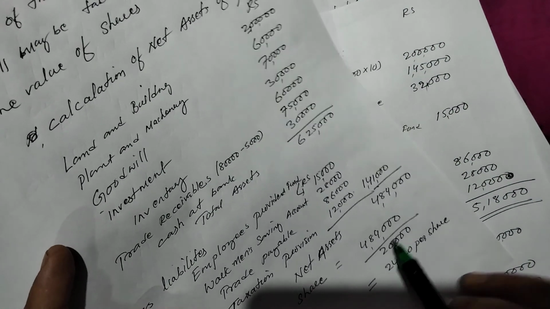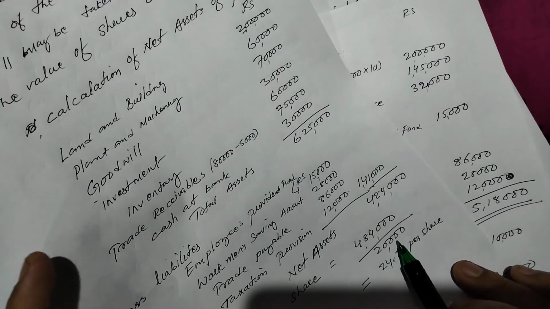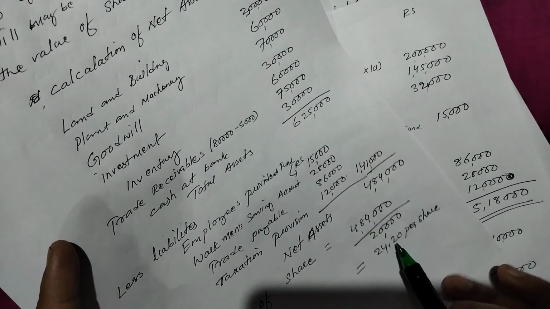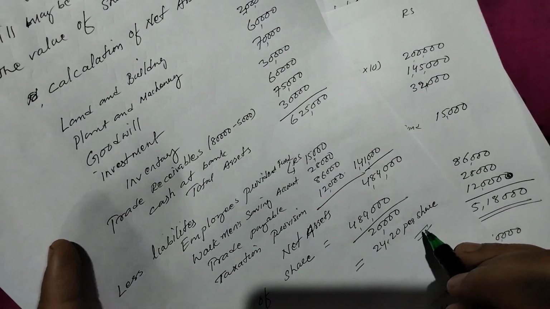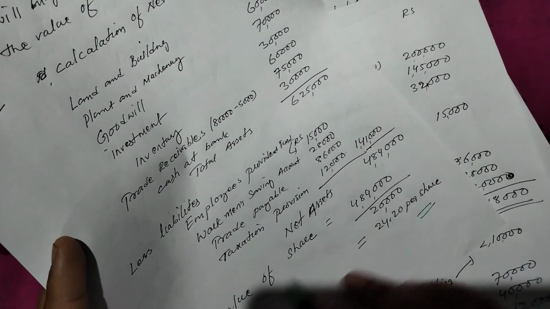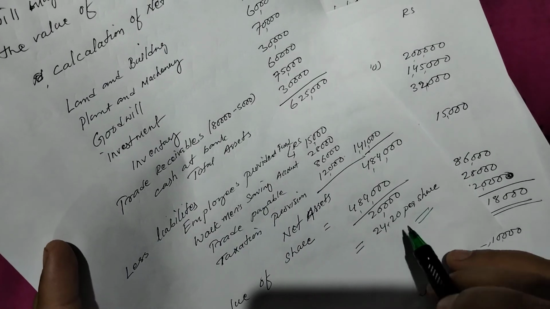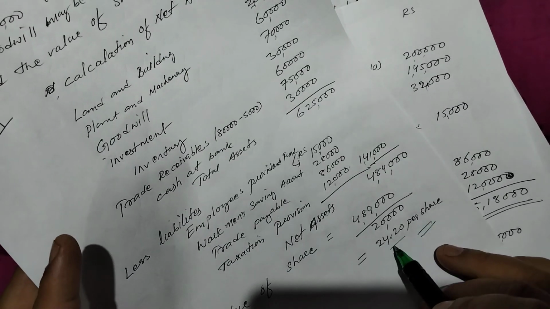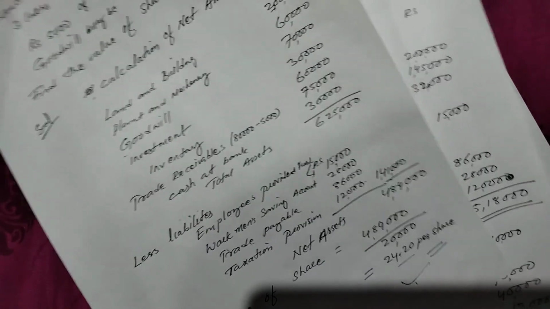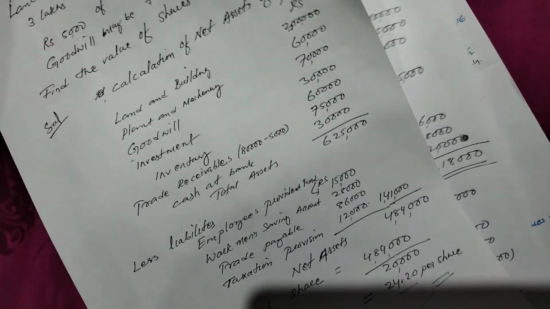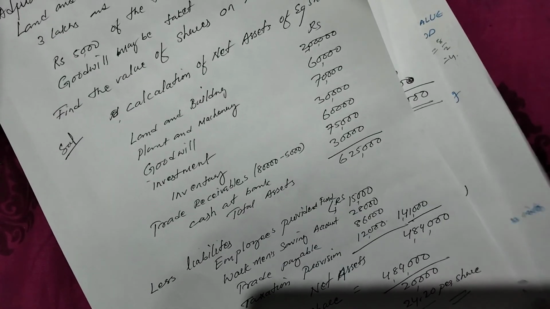So you divide it by 20,000. It will be 24.20. This is the value of each equity share, 24.20. So hope you understood this. Very simple. If you don't, please ask me. Thank you very much.